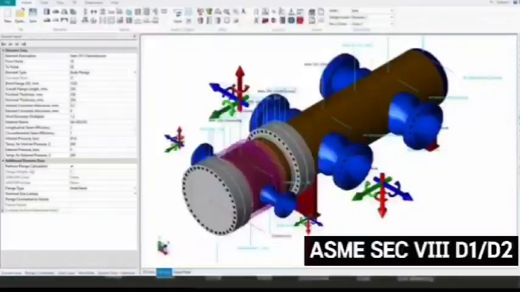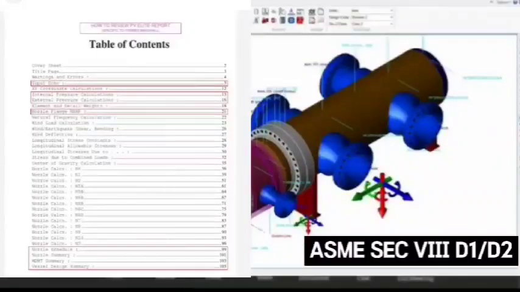Whatever report comes in PVLite, try it manually. The formulas, results and inputs are also given in the PVLite report, and they mention the clause, which clause they referred to and which formula they used. By using that you try manually, and if the results come the same, then you are doing it the right way. If the results come wrong, then you are making a mistake somewhere in your manual calculation.